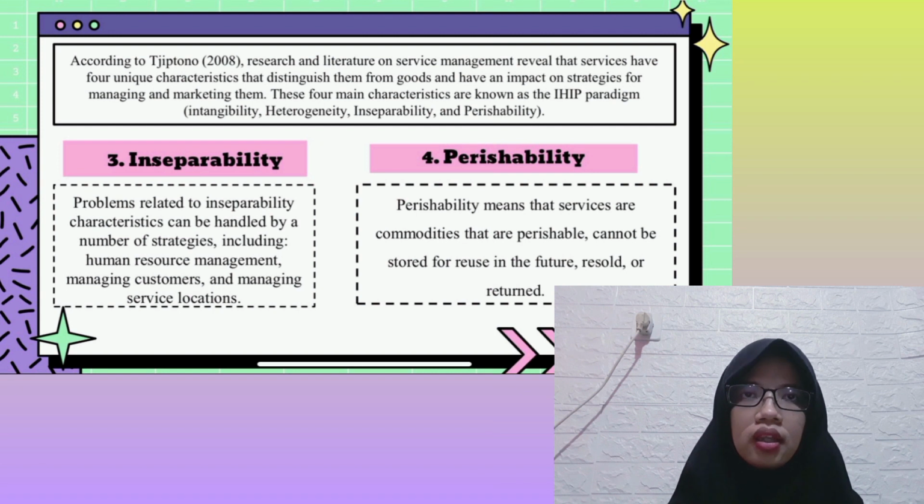A. Demarketing. The company tries to reduce demand during peak demand periods. B. Synchronous marketing. The company tries to balance fluctuations in demand by focusing on efforts to increase demand during low periods. C. Safe request. In this case, the management of service requests.